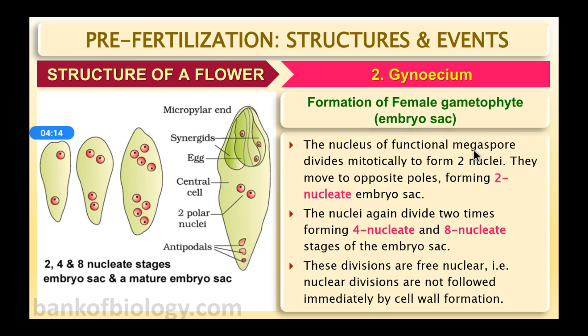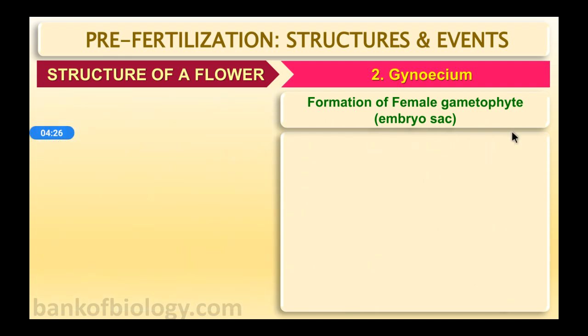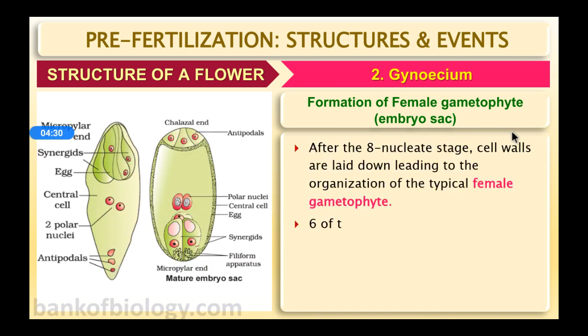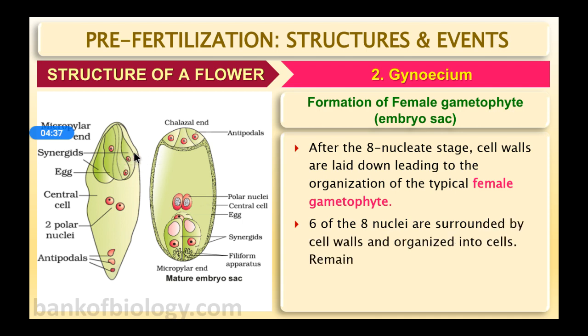Now we need to know the arrangement of this embryo sac, how it is arranged, in detail. Here you can see the internal structure of the embryo sac. We already learned that an 8 nucleate embryo sac is formed, right?